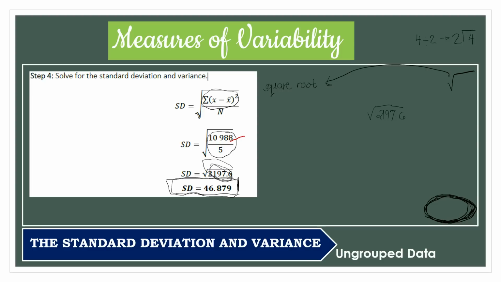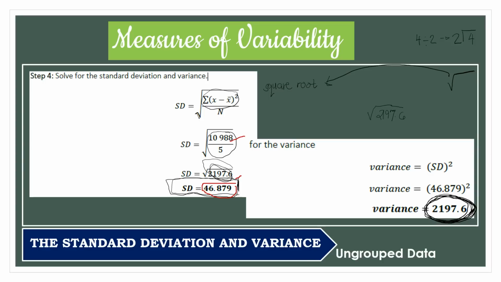We simplify first the number inside the radical sign. 10,988 divided by 5 is equal to 2197.6. And when we get the square root of that, the result is 46.879, or 46 and 879 thousandths.